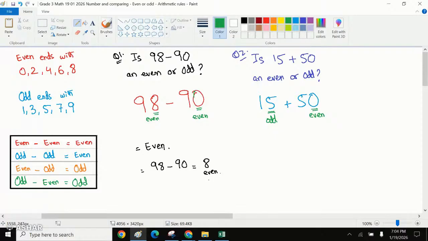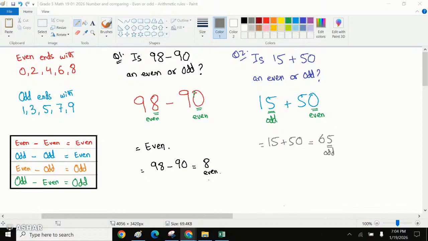So in this case, we know that if we add 15 plus 50, the result comes out to be 65. And 65 ends with an odd number. So the result of odd plus even is always an odd number, right?